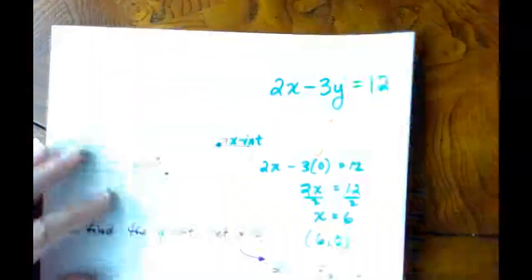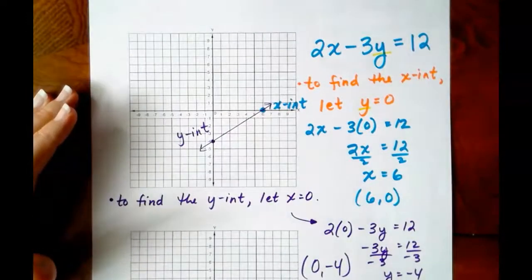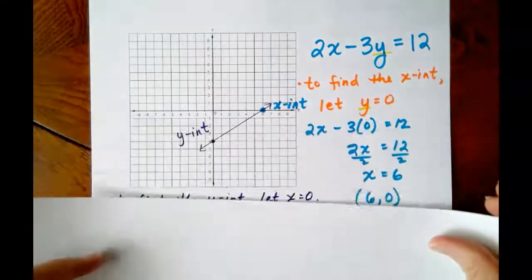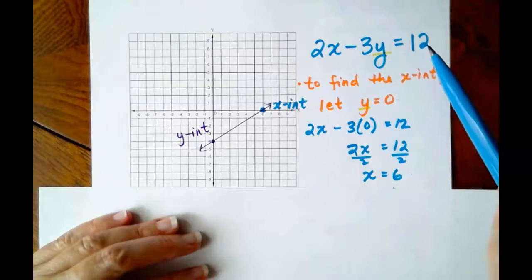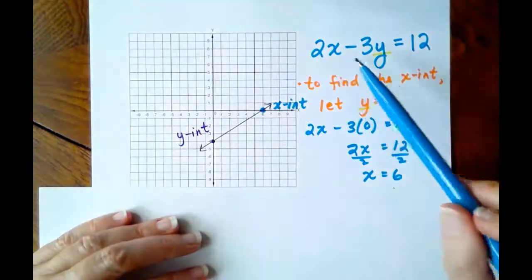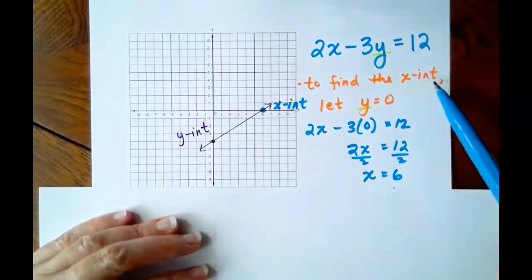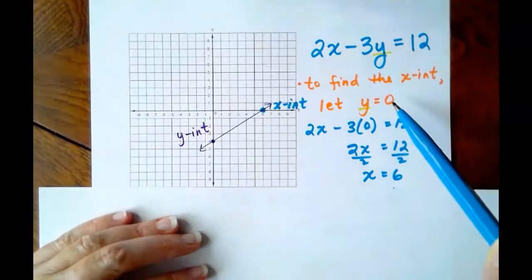Here's an example that's already worked out, and I'll show you how the cover-up method works. If this is our given equation, 2x minus 3y equals 12, and we want to find the x-intercept, we let y equal 0.